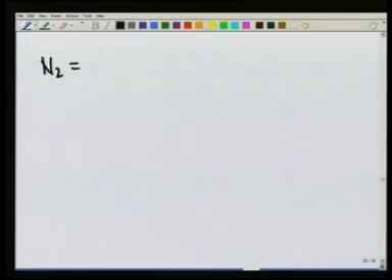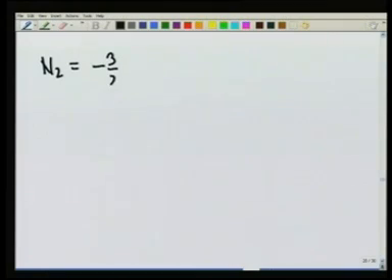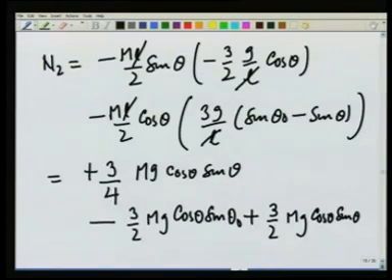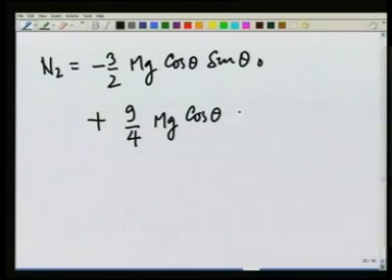Let us add all of them together and we get N2 is equal to minus 3 over 2 mg cosine theta sin theta 0 plus 3 over 4 plus 3 over 2, which is 9 over 4, mg cosine theta sin theta.